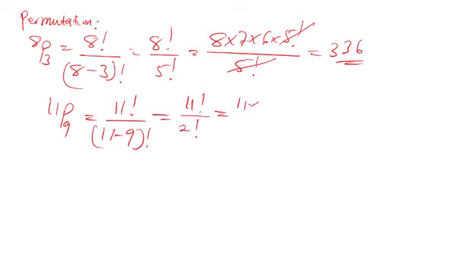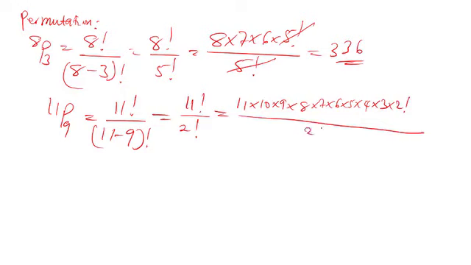So now we have 11 times 10 times 9 times 8 times 7 times 6 times 5 times 4 times 3 times 2 factorial, all over 2 factorial. So that 2 factorial cancels with 2 factorial. Then if you multiply this, it will give you 19958400. Woo! I stated it is a very large number.